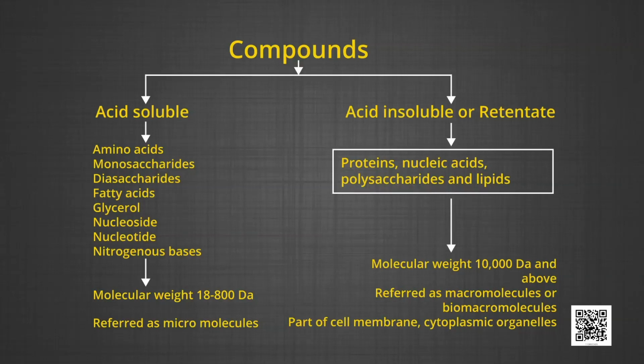The acid soluble pool has molecular weight 18 to 800 daltons, but the acid insoluble pool has molecular weight above or around 10,000 daltons. The acid soluble pool molecules are referred to as micromolecules, but the acid insoluble ones are known as macromolecules or biomacromolecules, and they are part of the cell membrane, cytoplasmic organelles, etc.